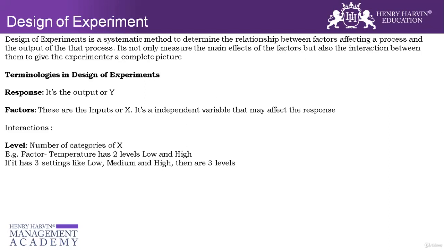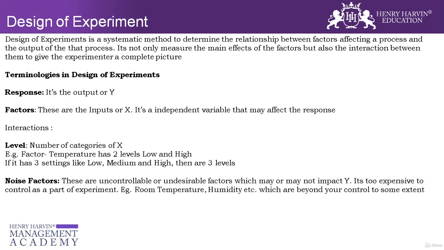Then we have levels. Levels are the different values that we have, like subgroups. One factor can have multiple levels. If one of the factors is temperature, the levels could be low and high, or if there are more than 2 levels, then it could be low, medium, and high.